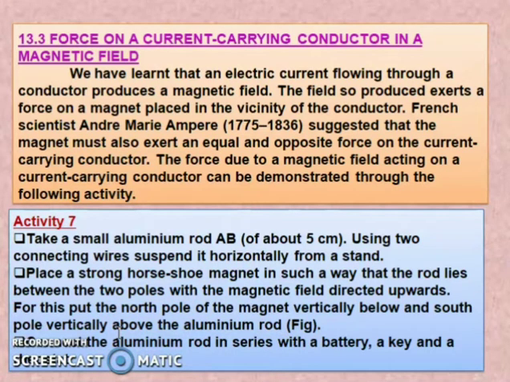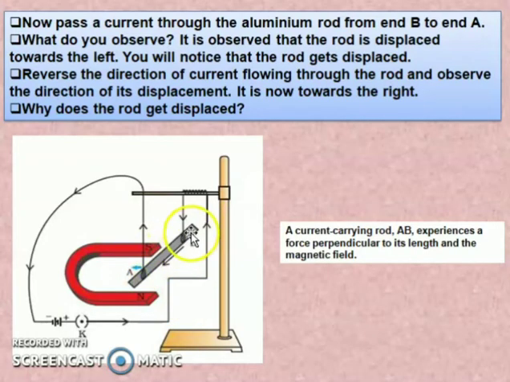Here we have an aluminium rod suspended with a wire, connected to the battery, and we are taking a horseshoe magnet.